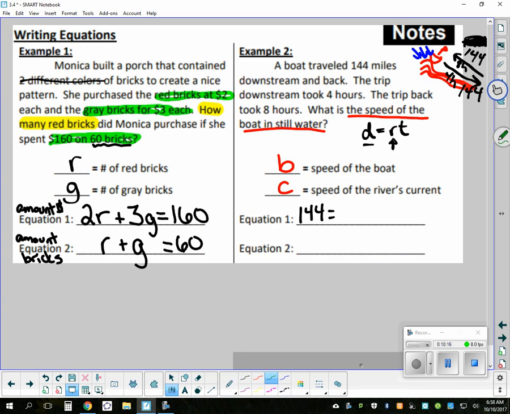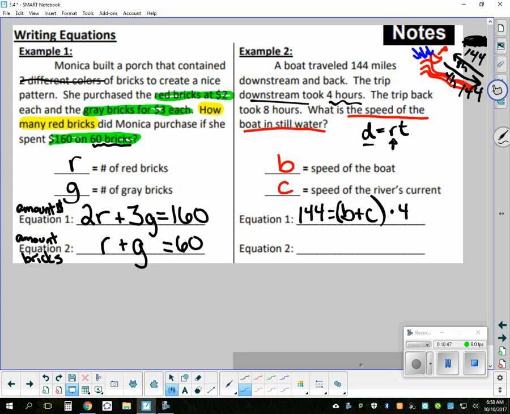What's the first time we know? First time we know is 4 hours, so at the end we're going to multiply by 4. That's the trip that is downstream. When you are a boat going downstream, are you working with the current or against it? Hopefully you said with. The current would be pushing you downstream. So our rate here would be the speed of the boat plus the speed of the river's current.